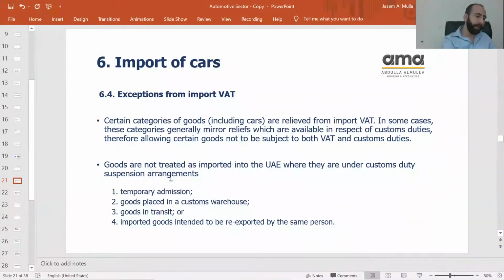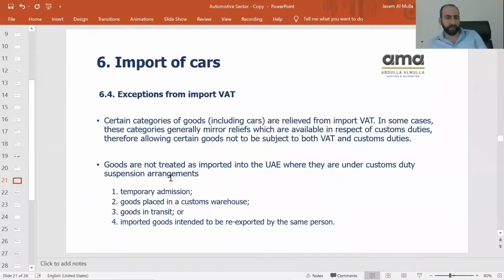Exception from import VAT. Certain categories of goods are relieved from import VAT. In some cases, these categories generally mirror reliefs which are available in respect of customs duty, therefore allowing certain goods not to be subject to both VAT and customs duties.